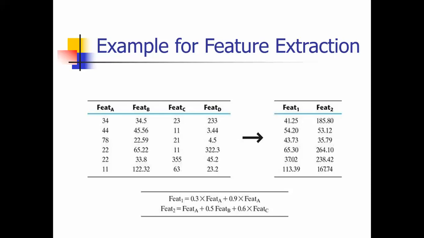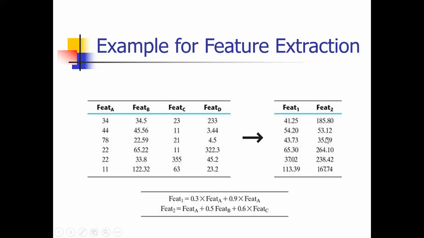Let us see this example. Here feature A, feature B, feature C and feature D are there. Based on these A, B, C, D features, I am generating some other new features, feature 1 and feature 2, by applying some operations on the values. If I add some value of feature A and some value of feature B, it will generate feature 1, using multiplication and addition operations.